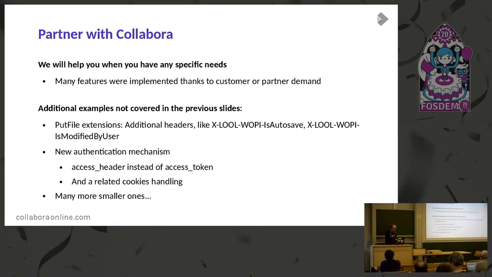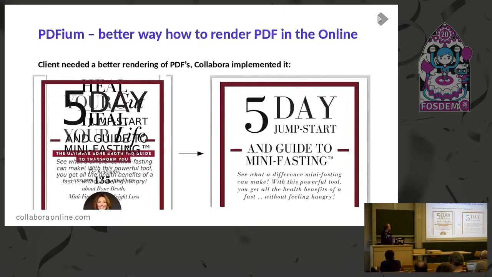And just a few other things that came from these partner contributions. For example, the better PDF rendering in Online using the PDFium library, the library that Chrome uses. We don't import the PDF with LibreOffice Draw, which broke the PDF into individual shapes and tried to render them individually.